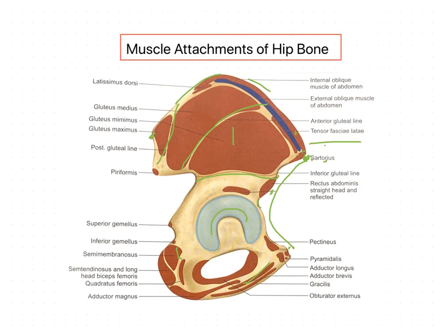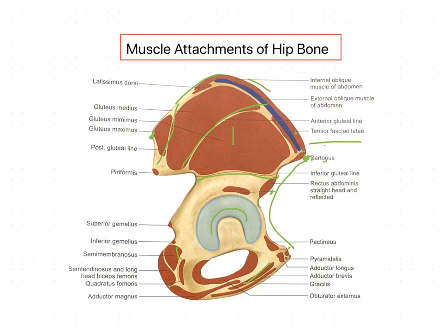This is the only muscle insertion we can find on the external aspect of the hip bone. Another muscle, the internal oblique muscle, is also seen here over the iliac crest.